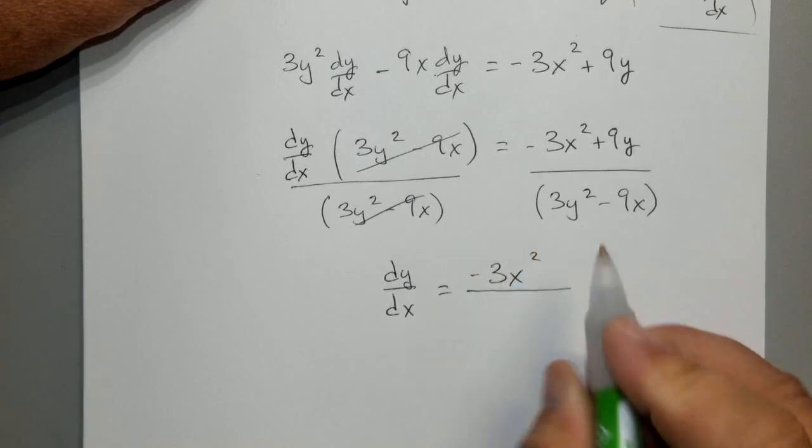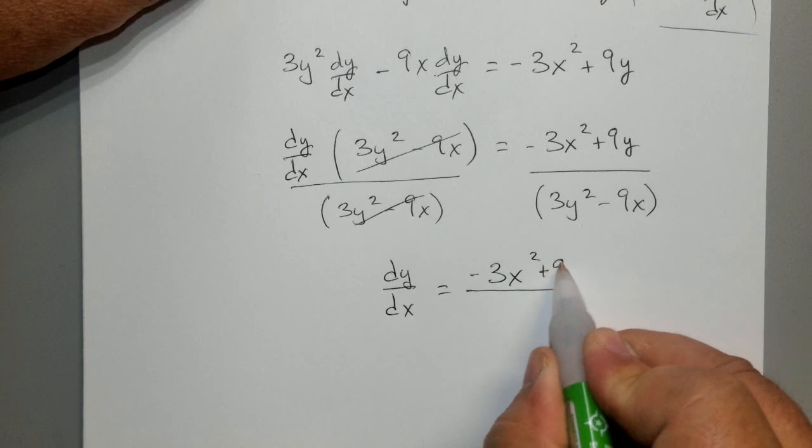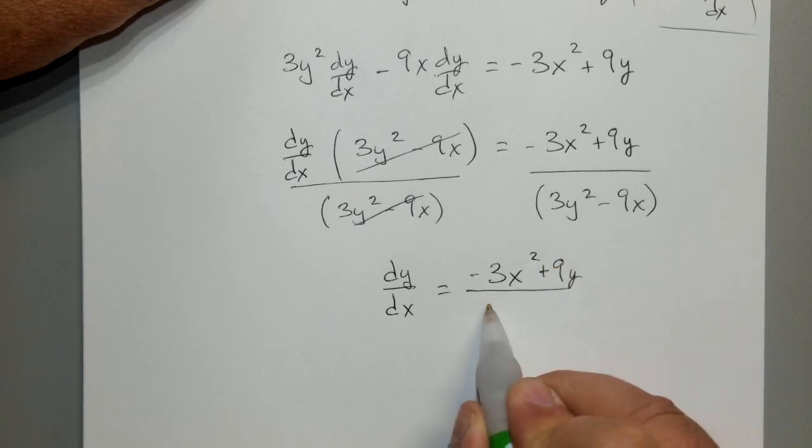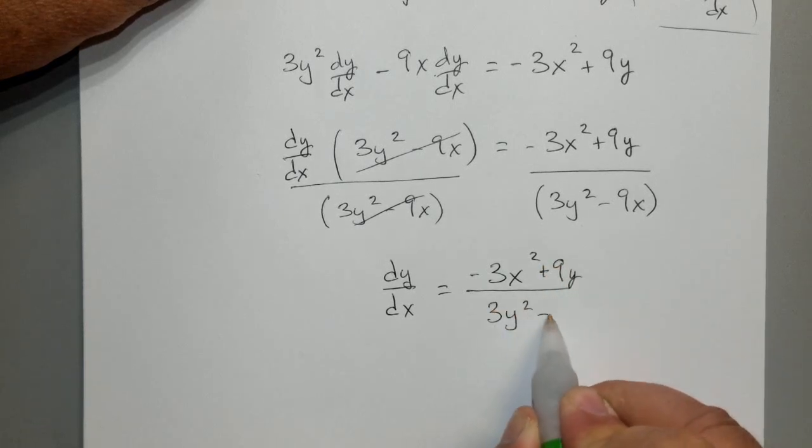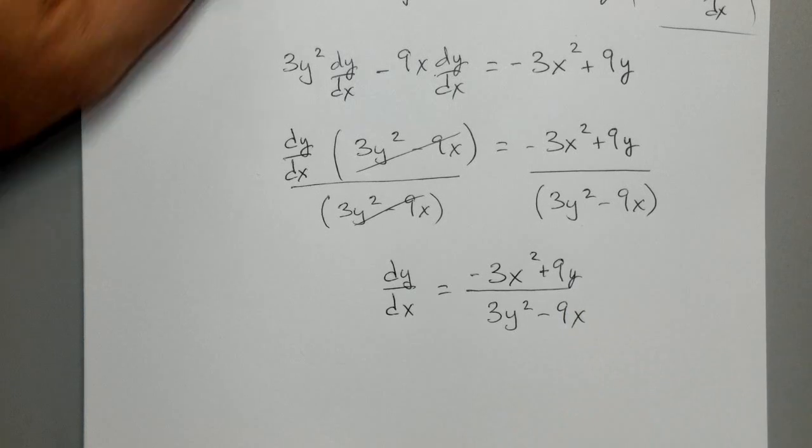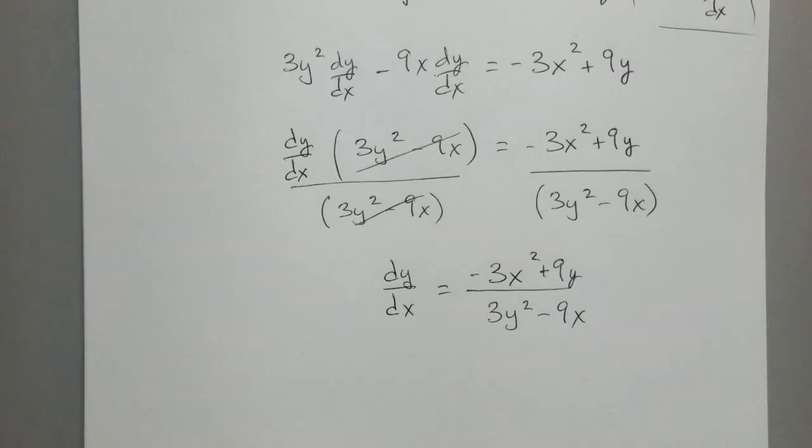The derivative equals negative 3x squared plus 9y over 3y squared minus 9x. Can we simplify it any? No, we can factor out a 3 first, on top and bottom. Before you cancel, you have to factor it out first.